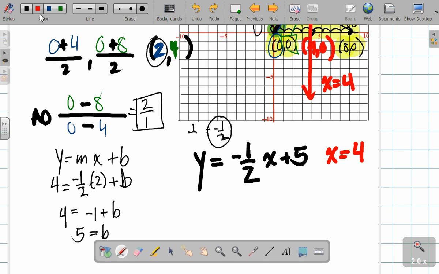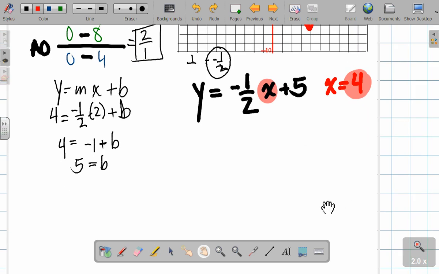Jackson, what do we do with this 4? To find the intersection? What do we do with the 4? Yes, and then we're going to solve for y. Okay, so we're going to go like this.